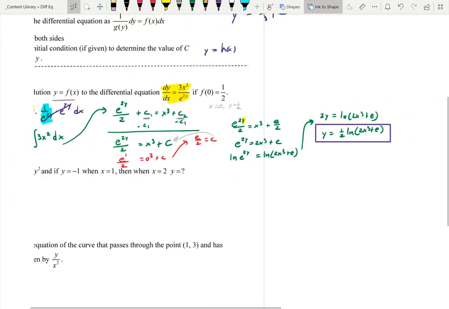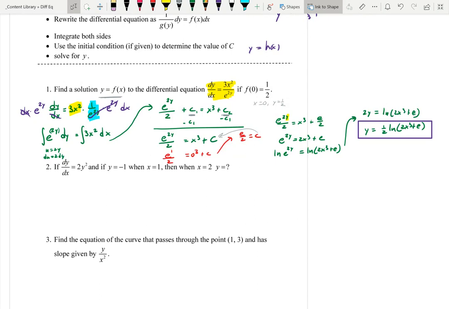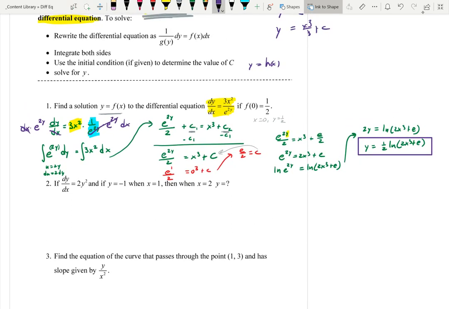Just a review. I started off by separating the variables. Multiply or divide to get all the x's to the right-hand side and all the y's to the left-hand side. You'll see that that's right there. Bullet point number 1: get all the y's on one side and all the x's on the other.